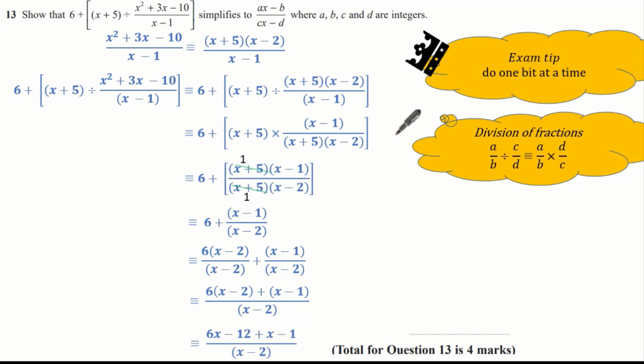Now you can see we're going to simplify, and it will be to this form. So 6x add our x gives me my 7x, minus 12 subtract our 1 gives me minus 13, and it's still over our x minus 2. So notice how we've written it in the form of ax minus b over cx minus d, where a, b, c, and d are our integers.